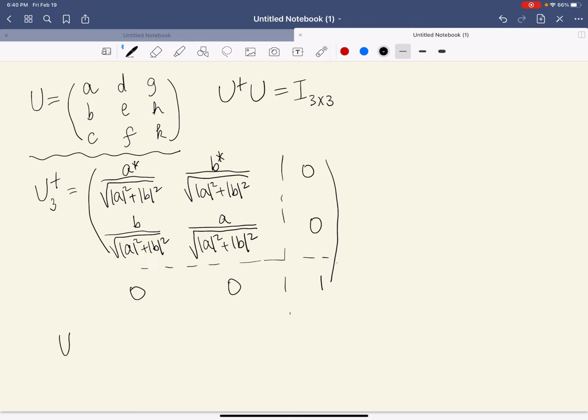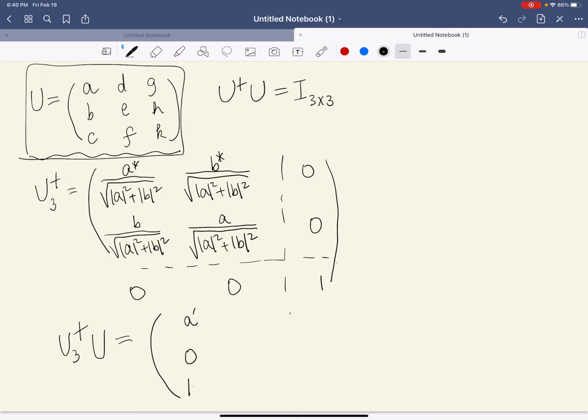And now, when you multiply this matrix to the left side of this 3-dimensional unitary matrix, something very interesting happens. Of course, this is a pretty complex multiplication, so we're going to see a lot of very complicated looking terms.